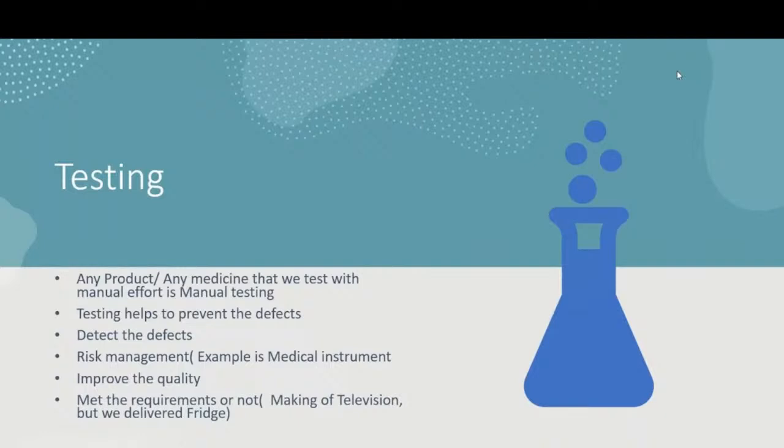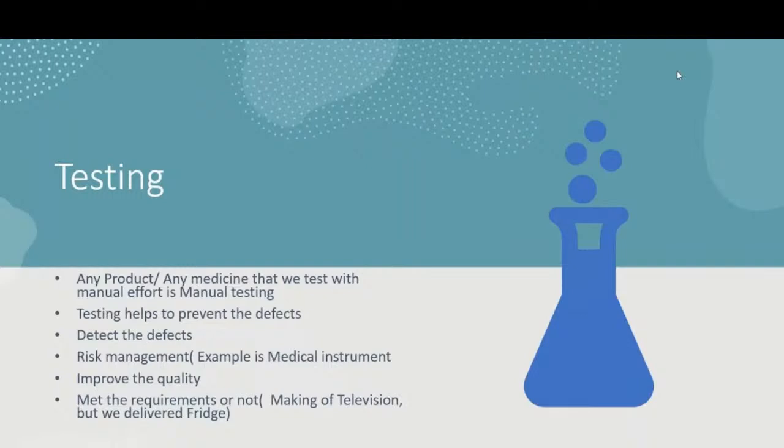So that is called a defect. Testing will help to detect the defects, and with risk management. What is risk management in medical instruments? I told you, right? The example is a medical instrument, ECG or X-ray. What was the risk that happened there? Testing helps us to improve the quality, which we will see in later stages of our testing.